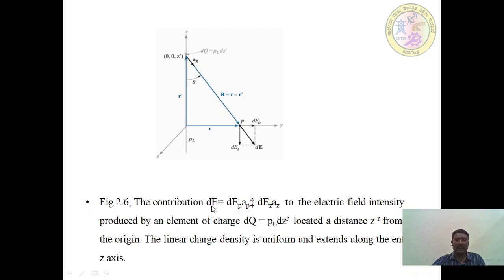See here, dE is equal to dE rho into a rho plus dEz into az, the electric field intensity produced by an element of charge dq, that is rho L into dz, located at a distance z dash from the origin. The linear charge density is uniform and extending along the entire z axis.